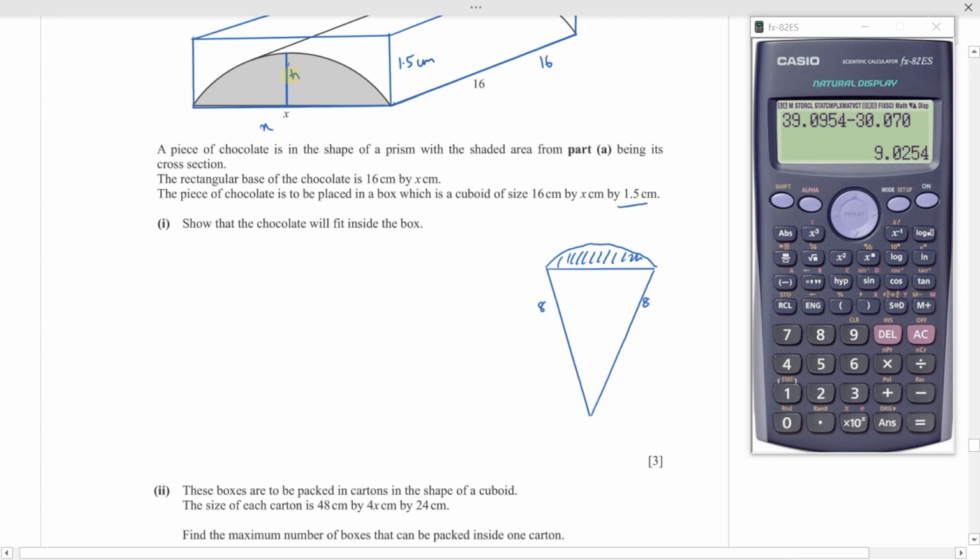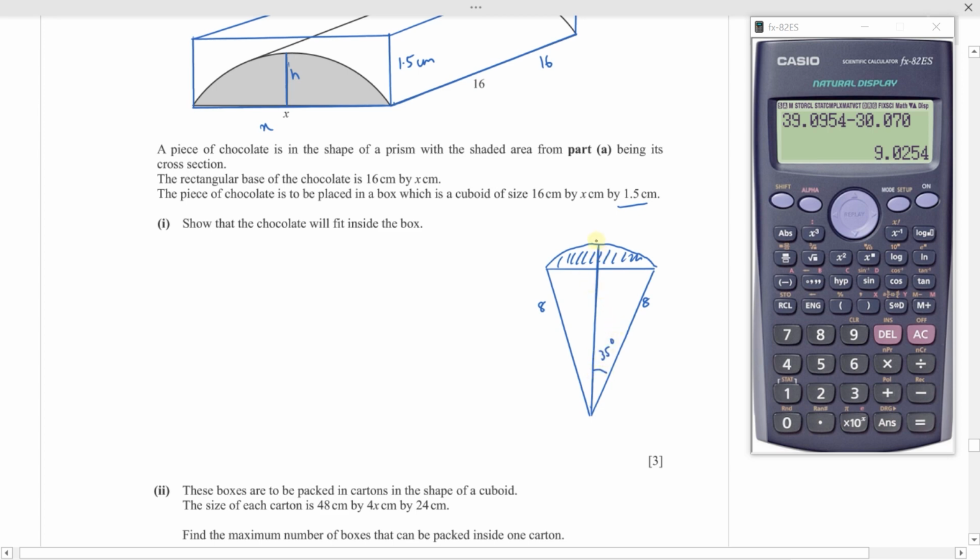So now to find this height h, I can draw a straight line which bisects this angle of 70 degrees. Let me draw this again. So this will be 35 degrees.